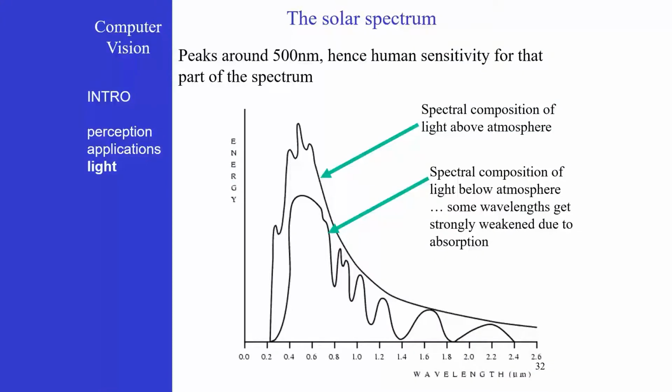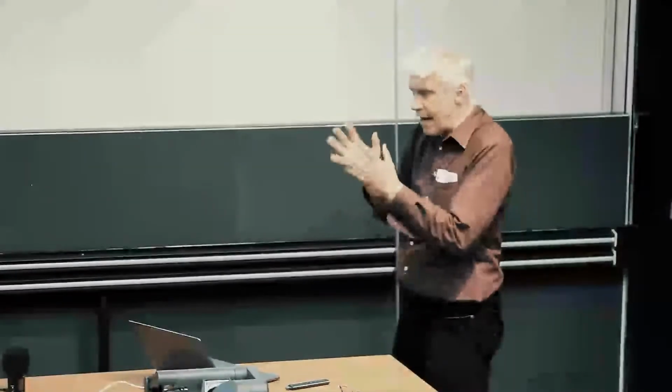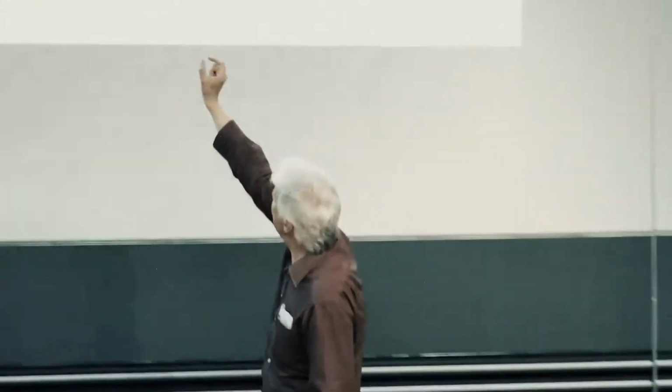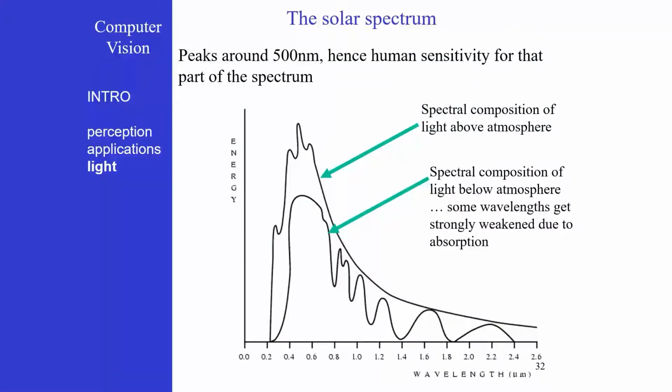And you see the difference is that, okay, there are all these gaps now, right? So these are these additional undulations, and that's the effect of absorption. So there are all kinds of molecules in the atmosphere, and they absorb selectively certain parts of the incoming light. So it's like they take out parts of the spectrum. That's the effect of absorption.